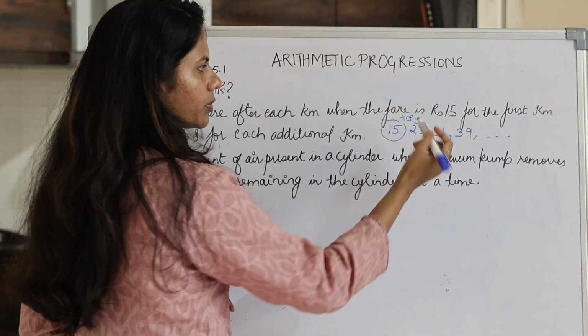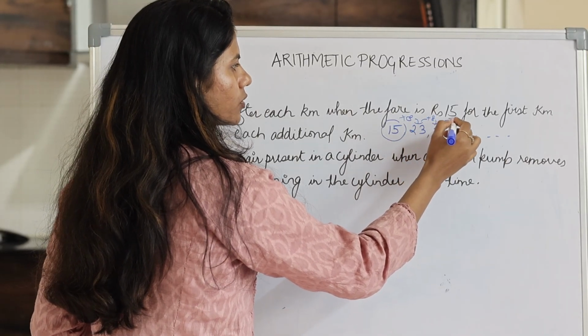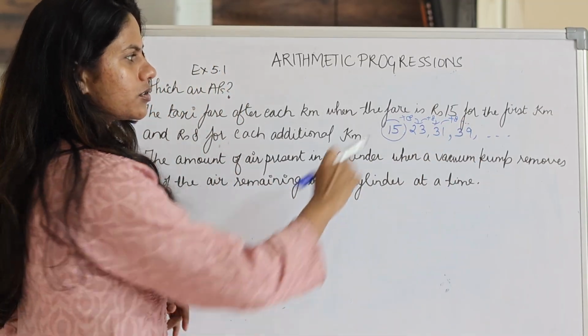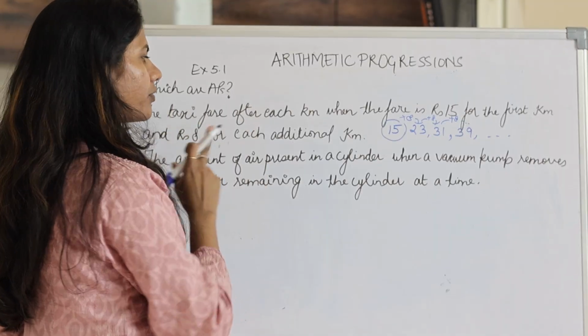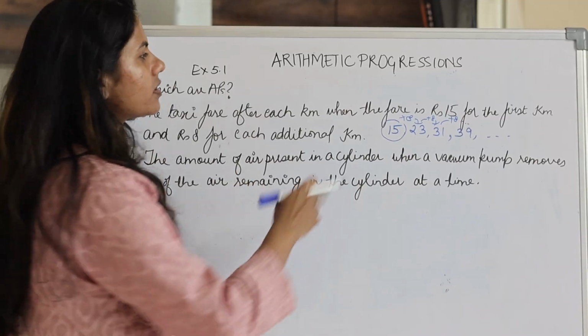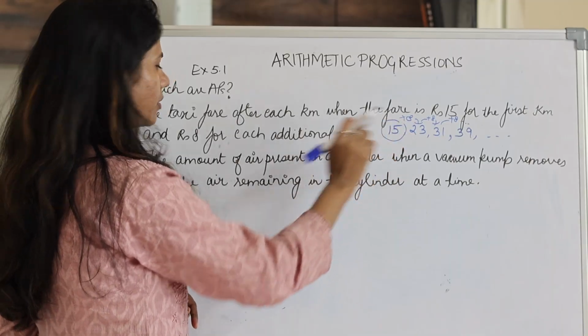For the next kilometer it will again be plus 8, which is 31, and so on. Is this an AP? Since they have mentioned that they will be adding 8 for each additional kilometer, it itself says that this is an AP because the difference is fixed. This is a fixed number.